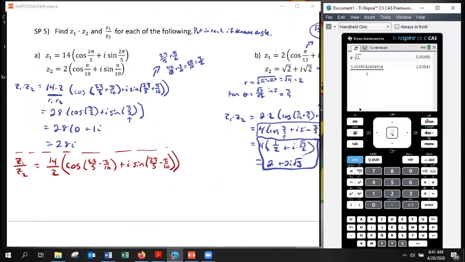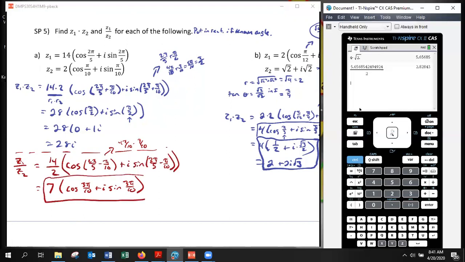So 2 pi over 5 minus pi over 10, that would be 4 pi over 10 minus pi over 10, which is 3 pi over 10. So 7 cosine of 3 pi over 10 plus i sine 3 pi over 10. This is a perfect example of, do I really know that angle? Nope, so I'm going to leave this in its polar form.